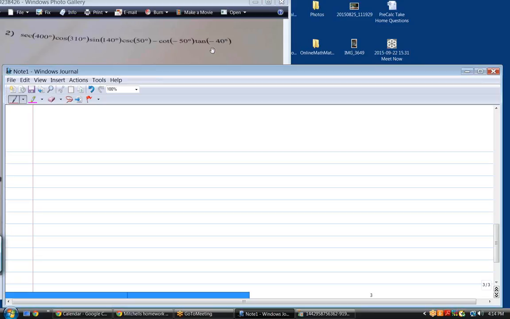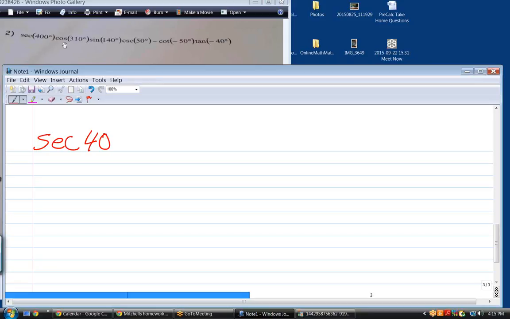But let's start from the first term. What's the secant of 400 equal to? Isn't it the secant of 40? Yeah, the coterminal. Well, now I see a 40, and I see a 40 up here, and I see a bunch of 50s, which can be turned into 40s using cofunctions. So I'm beginning to think that 40 is going to be my final answer as to the angle that I'm going to use.